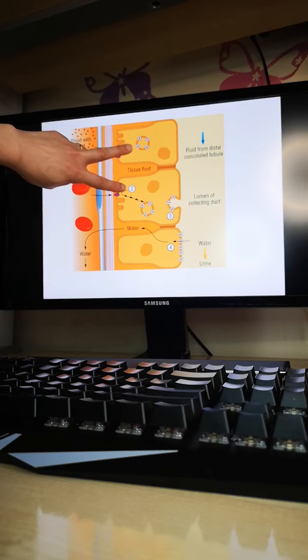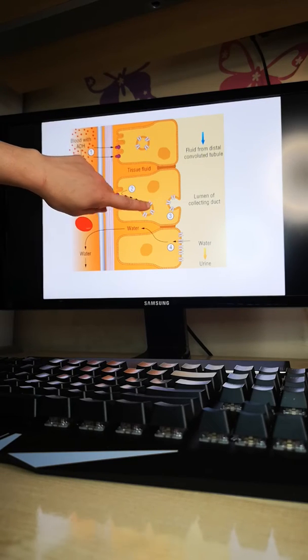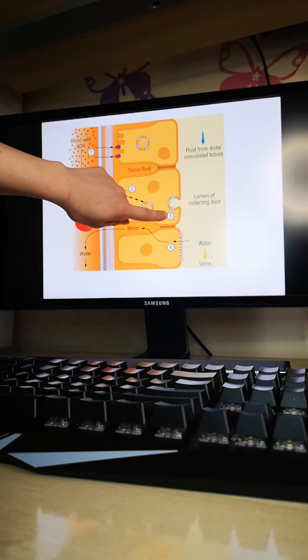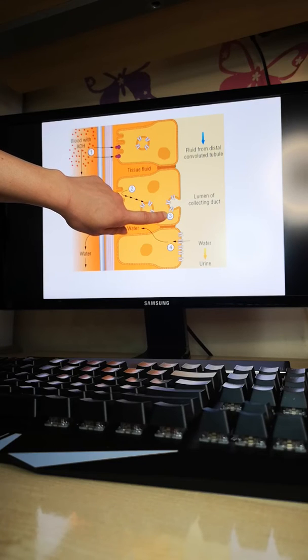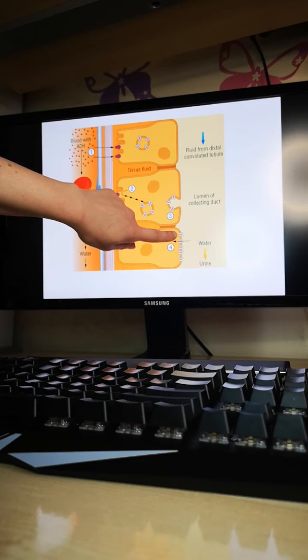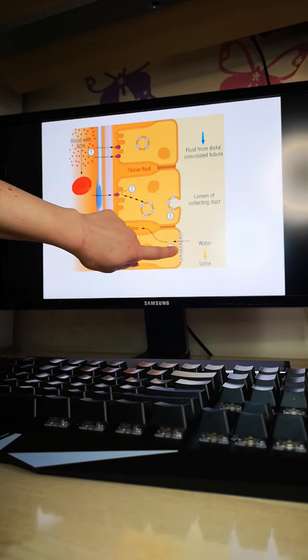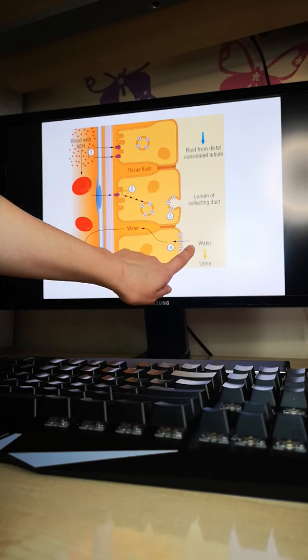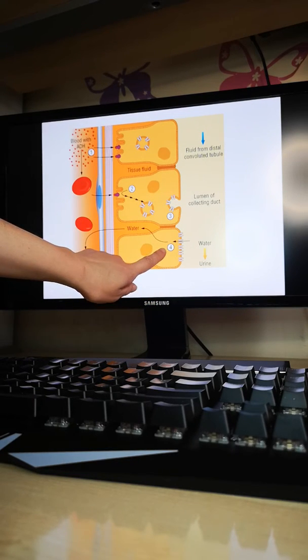Inside the cells, that causes a series of enzyme catalyzed reactions that result in vesicles containing aquaporins to fuse with the cell membrane. With more aquaporins in the cell membrane, the wall becomes more permeable to water.